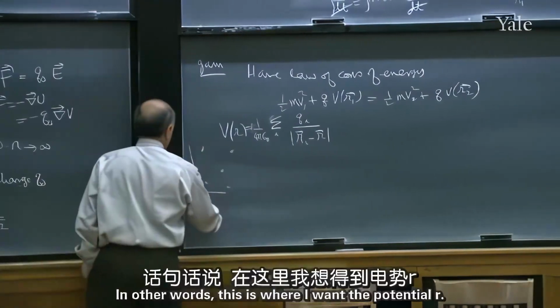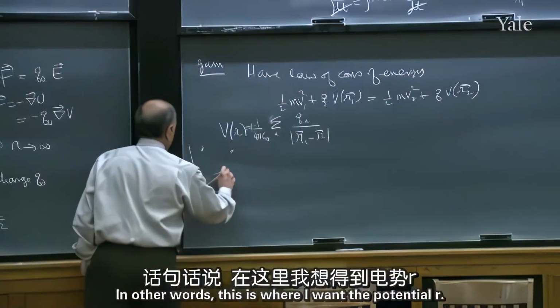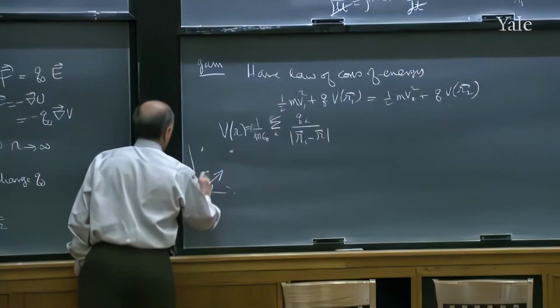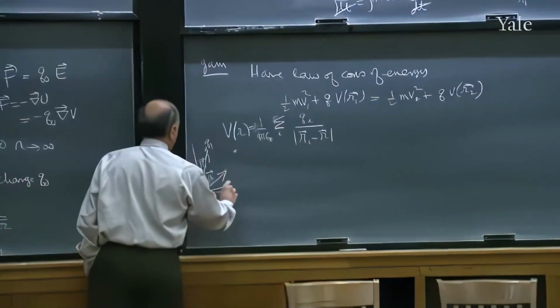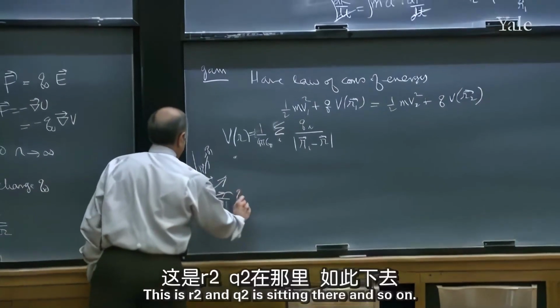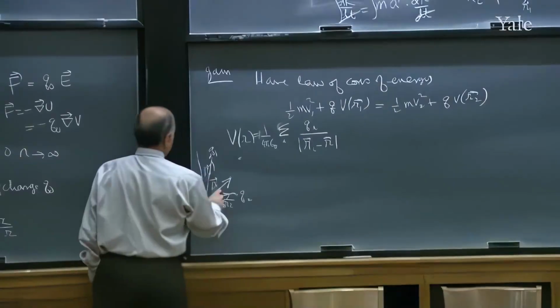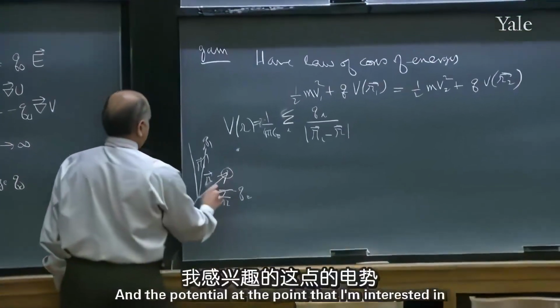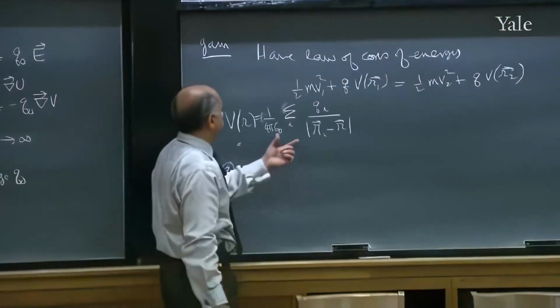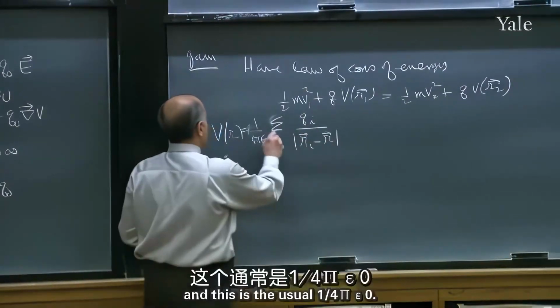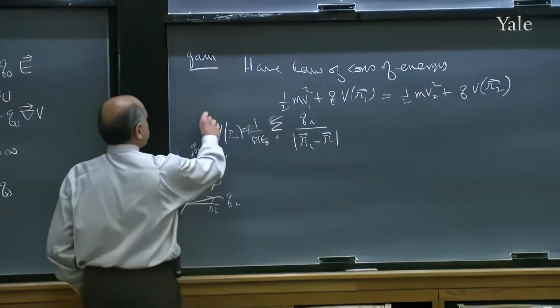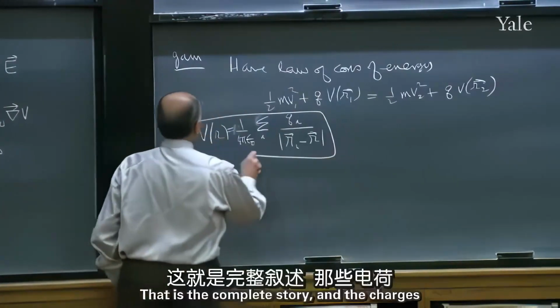In other words, this is where I want the potential, r. This is r1, and Q1 is sitting there. This is r2, and Q2 is sitting there, and so on. The potential at the point I'm interested in is obtained by taking each Q divided by its distance from that point, with the usual 1 over 4 pi epsilon 0. That is the complete story.